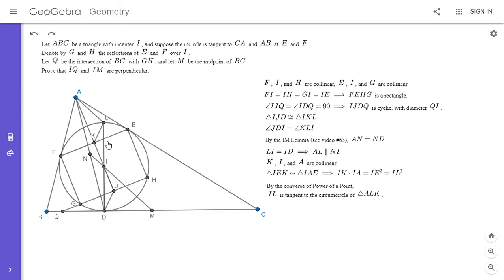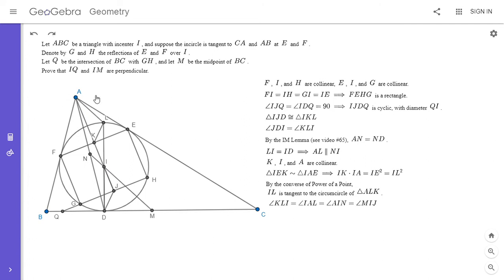If IL were tangent to AKL, then by power of a point, we'd have to have IL squared equal to IK times IA. And so by the converse of power of a point, we know that IL is tangent to the circumcircle of ALK. All right. And once we know that, then we know that angle ILK is equal to angle LAI.